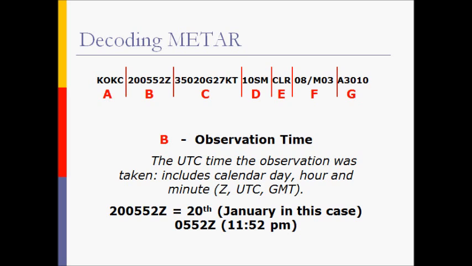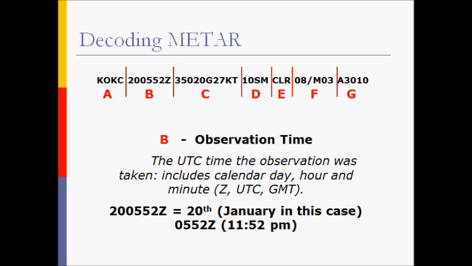So 3 PM UTC. 2359 represents 11:59 PM. And then the next time will be 0000 for 12 a.m. midnight the next day. In this particular example, the time is 0552, which is 5:52 a.m. in Greenwich, England.